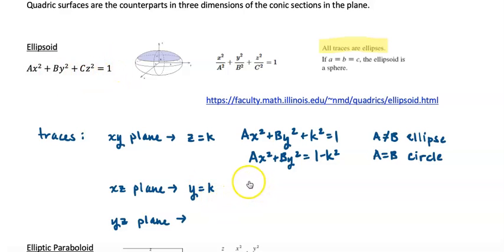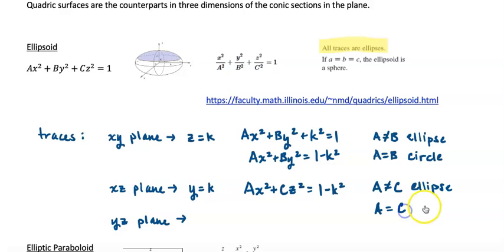And so we're going to have something in the form of ax squared plus cz squared is equal to 1 minus k squared. And in this case, if a is not equal to c, then this trace will be an ellipse. And if a is equal to c, then this trace will be a circle.